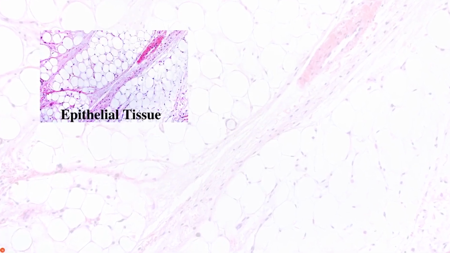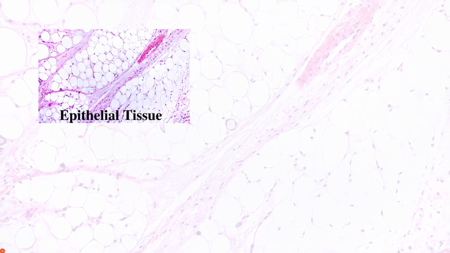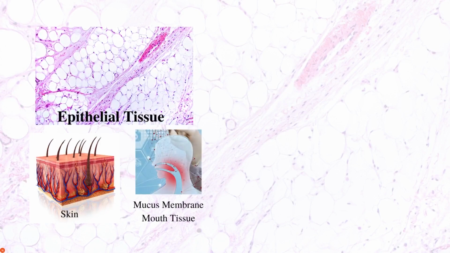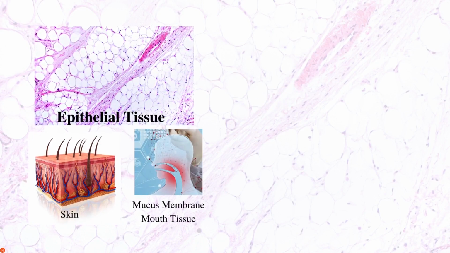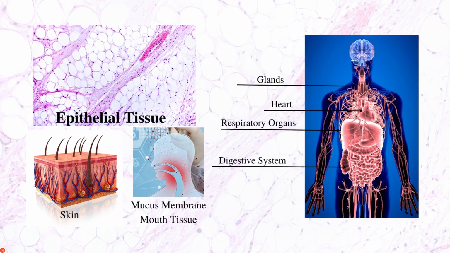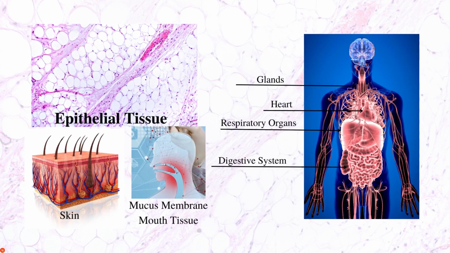Epithelial tissue is a type of tissue that acts as a protective covering on the body surface. It is found in many areas of the body, including the skin, mucous membrane, the tissue inside the mouth, the lining of the heart, digestive and respiratory organs, and glands.